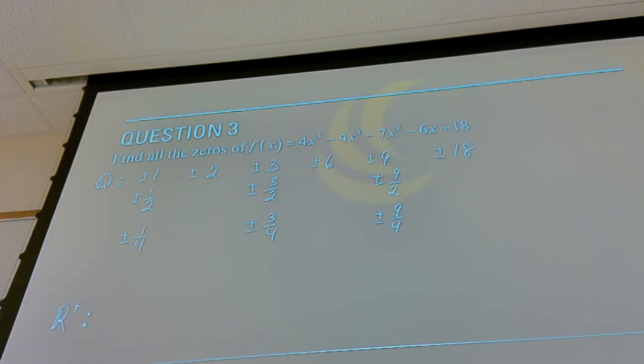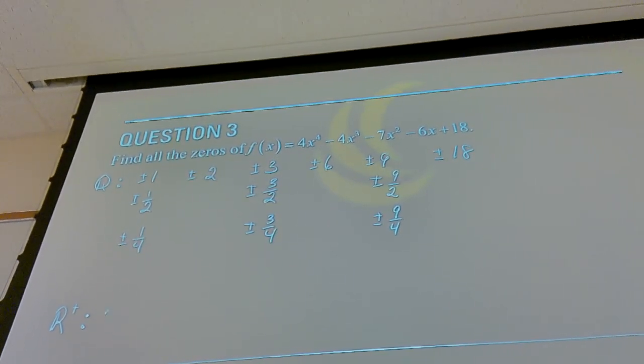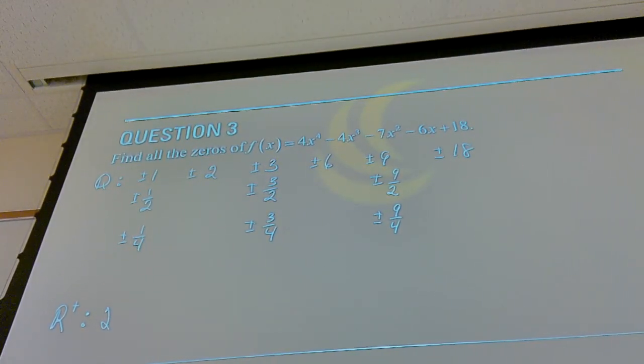Remember Descartes' rule of signs: number of sign changes of f of x, less an even number. So there are 2 sign changes. 2 less an even number. Two minus 2 is 0. What about negative real zeros?